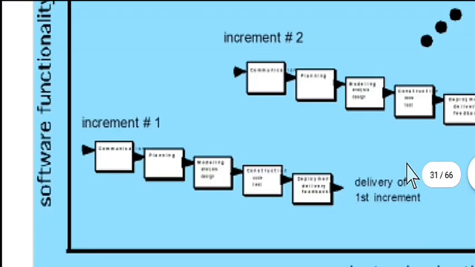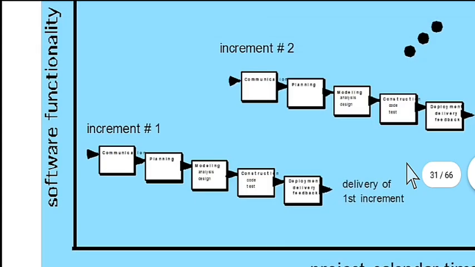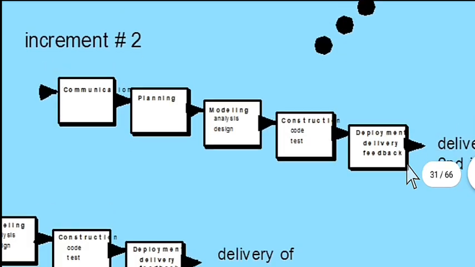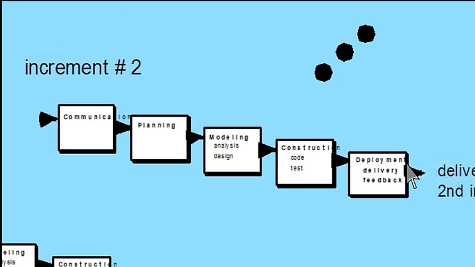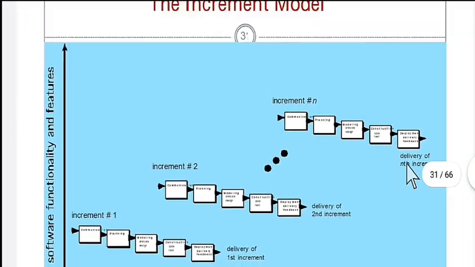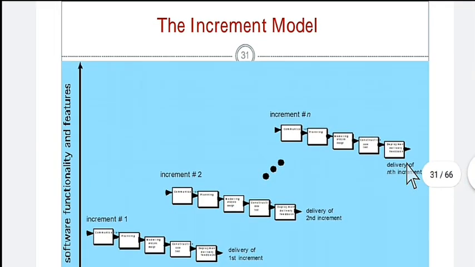So the basic principle of this incremental model is the waterfall model, because for each increment we use the waterfall model approach. If you see increment 2, the same blocks will be there, as used in the waterfall model. Now the whole project is divided into n increments, and each increment follows the waterfall model procedure.